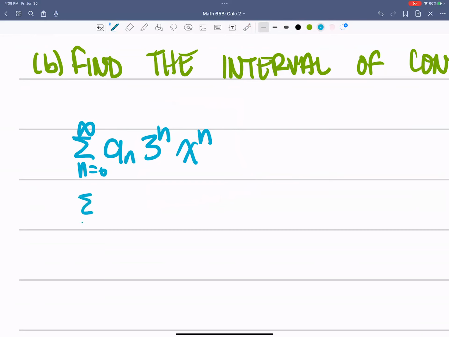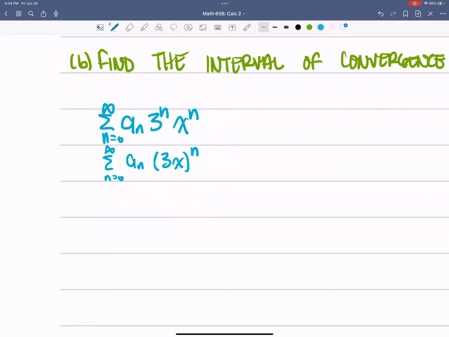We'll say the sum as n goes from 0 to infinity of A sub n, we could rewrite this as 3x to the power n. And whatever those values are, they only converge from -1 to 1. So -1 is less than 3x, which is less than +1.